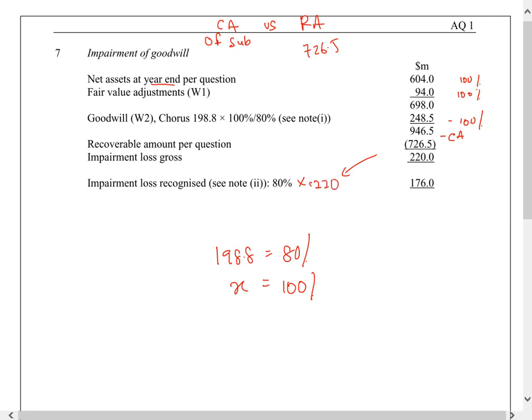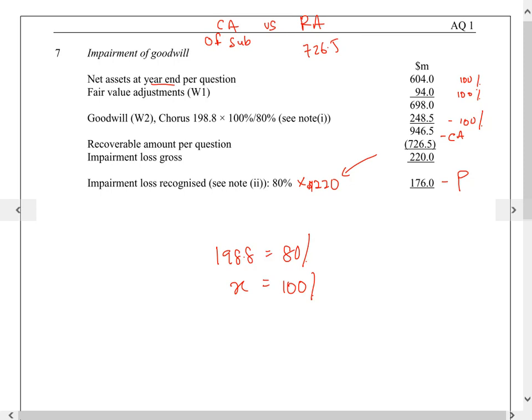This is impairment charge to who? Parent only. No need to share. So go to retained earnings.